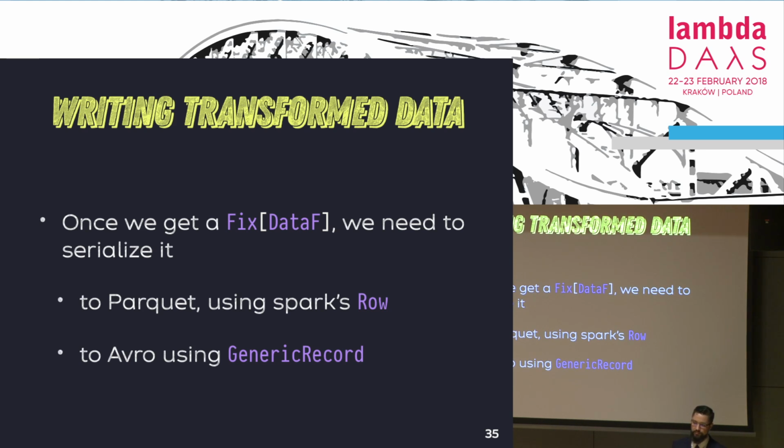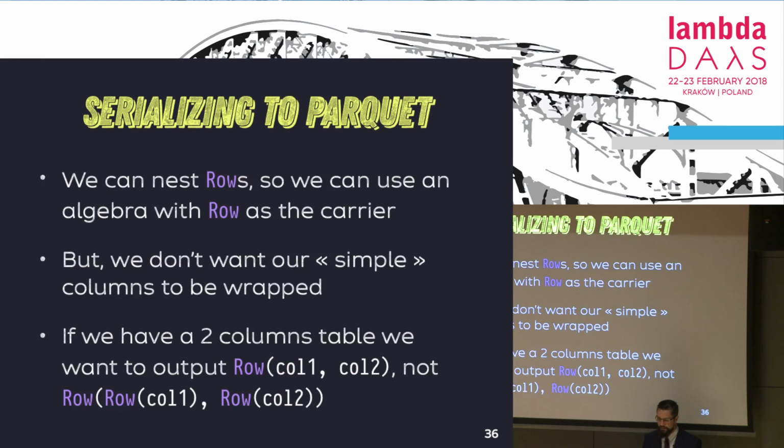In Parquet, when you use it with Spark, you just have to write a row and feed it to, I don't remember which method, along with the schema, and it will serialize it to the Parquet format. So this is convenient because we can nest rows inside one another. We are not forced to have linear rows.